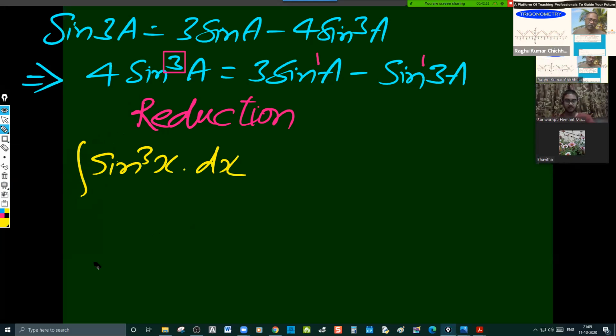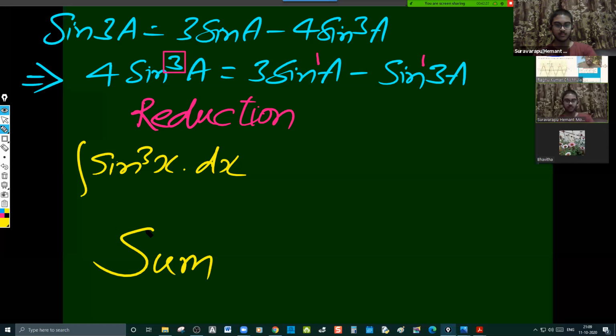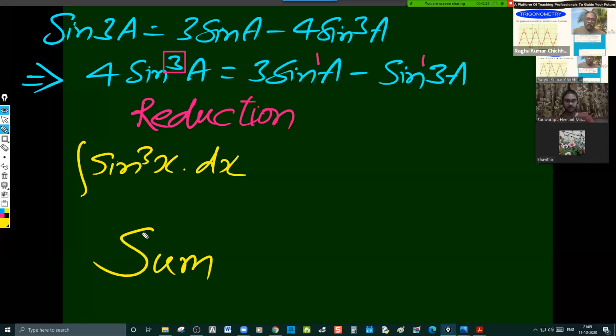Integration is nothing but summation. The alphabet S is taken, and in the elongated form it is denoted as the integral symbol. So there is a relation between S and the integral symbol. The practical application of integration is summation. What is the first letter of summation?